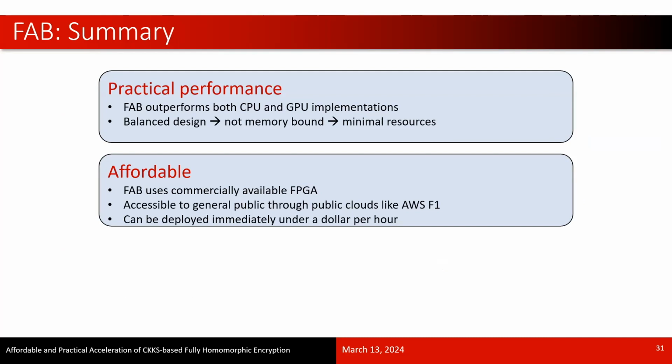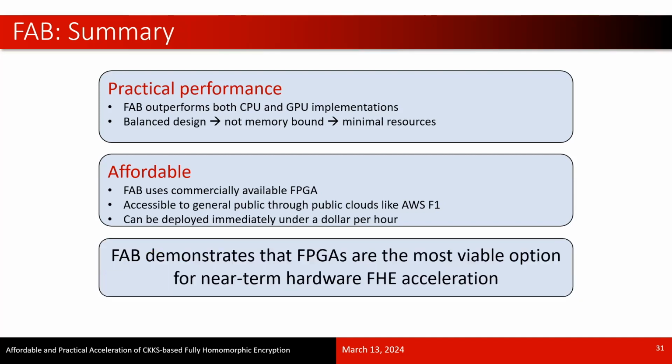In contrast to ASICs, FAB only uses standard commercially available hardware, that is FPGA, which is highly accessible to the general public through existing cloud infrastructures and can be deployed immediately for under $1 per hour. So by enabling competitive levels of performance within the same availability as a high-end GPU, FAB demonstrates that FPGAs are the most viable option for near-term hardware acceleration of fully homomorphic encryption operations.